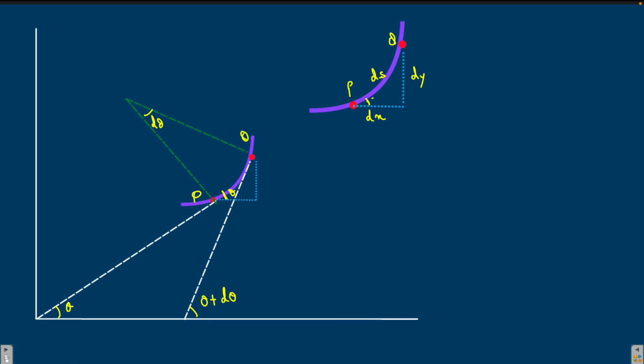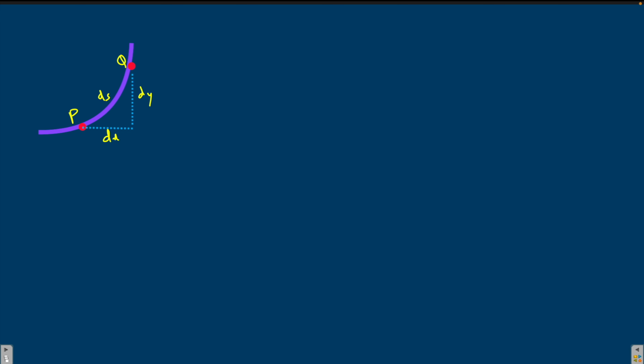So from here we can write that sine theta is dy by ds, cos theta is dx by ds, and tan theta is dy by dx. Let these be equations 1, 2 and 3. Now we'll be differentiating tan theta with respect to x. So let me write it here.